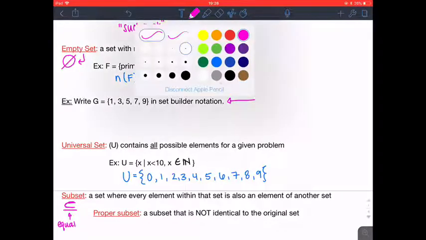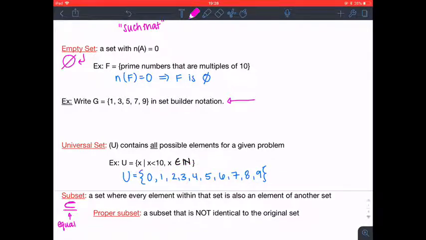If we look at the example we just did, our universal set, I could say A is a subset of U as long as A has numbers within U. If it's a proper subset, which uses just the sideways U, not the equal sign below it, that means there are elements in A, but there are even more elements in U. For example, if A was odd numbers, so 1, 3, 5, 7, 9, A is a proper subset because there are more elements in U that are not in set A. So it is a proper subset.